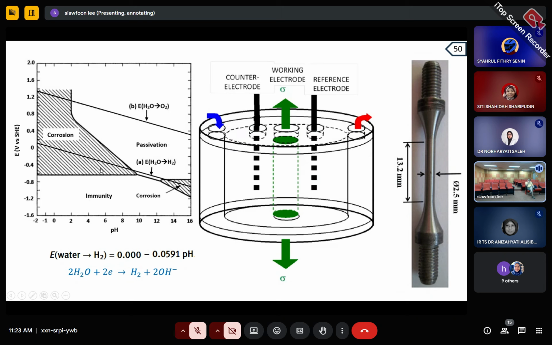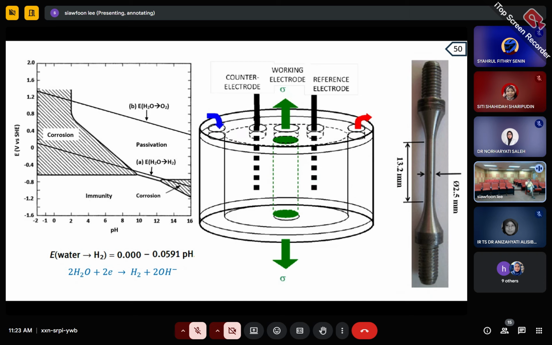And I apply, as what I said, when you refer to the Pourbaix diagram for iron, I think this diagram is very important. When I apply the potential below this diagonal line, where the water is going to change to hydrogen gas, it means I'm generating hydrogen gas.